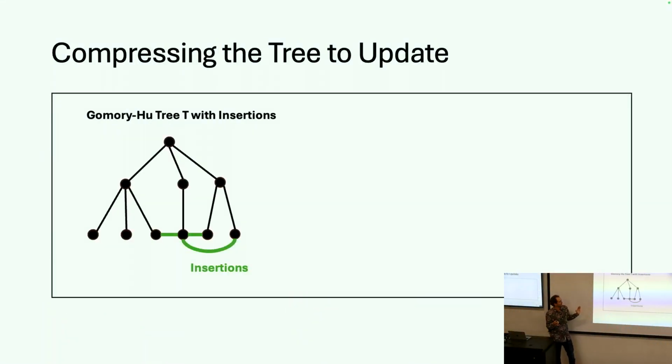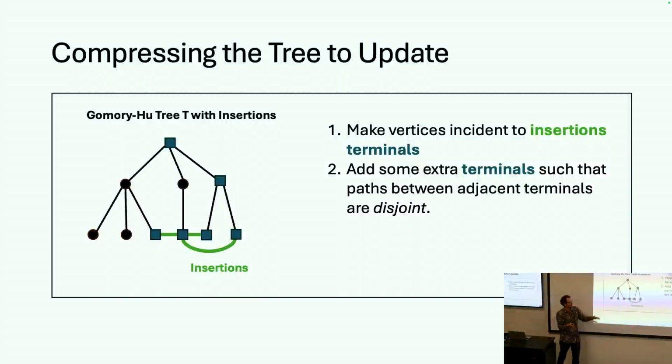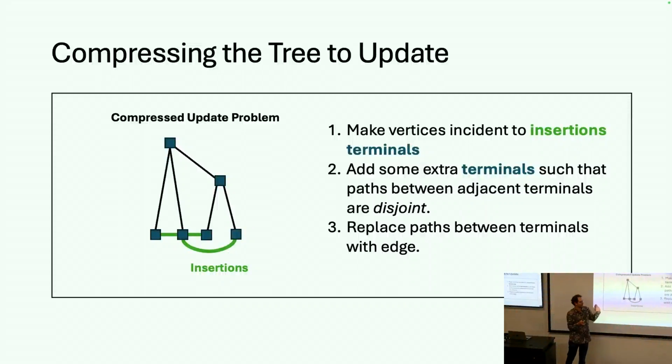So here we compress the tree by making all vertices incident to insertions terminals, and then add some extra terminals such that the paths between adjacent terminals are disjoint, and finally replace paths between terminals with an edge. If you didn't catch all of this, the main point is you can compress the tree part to be roughly the same size as the number of insertions.